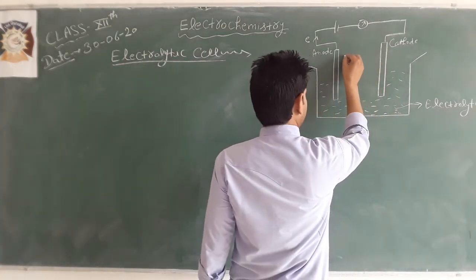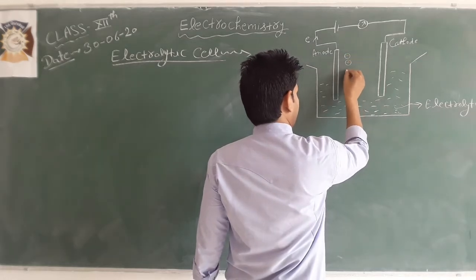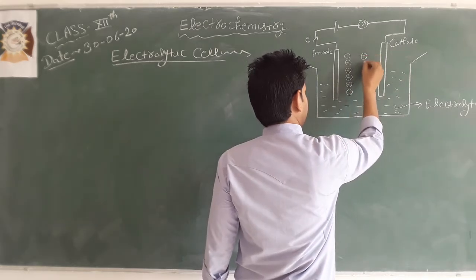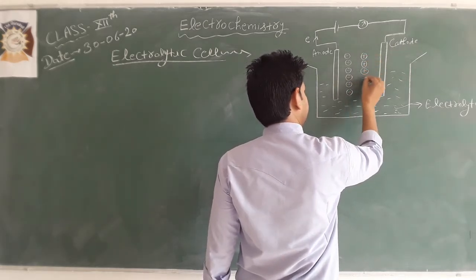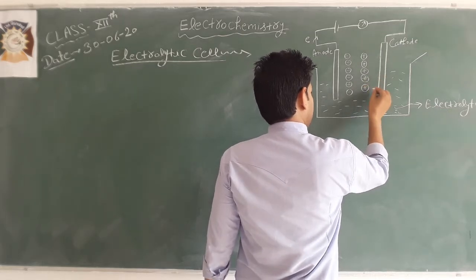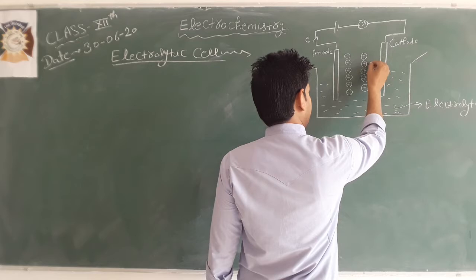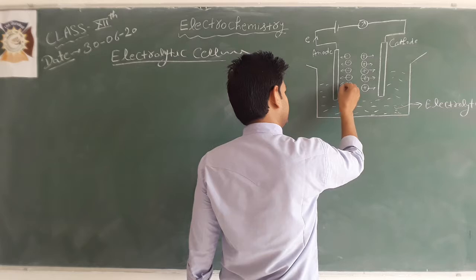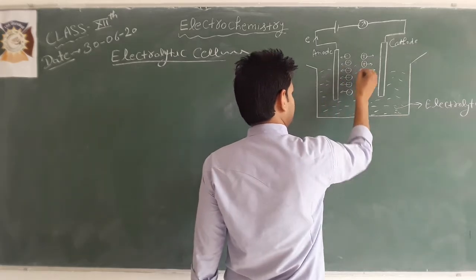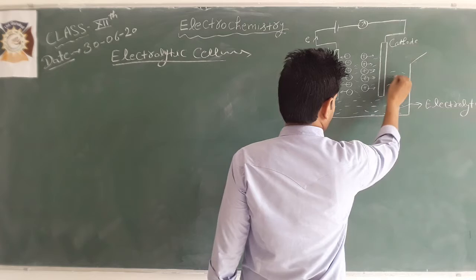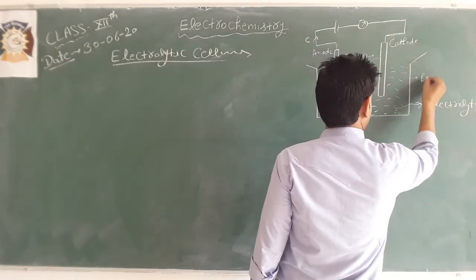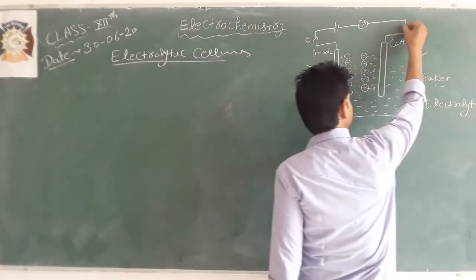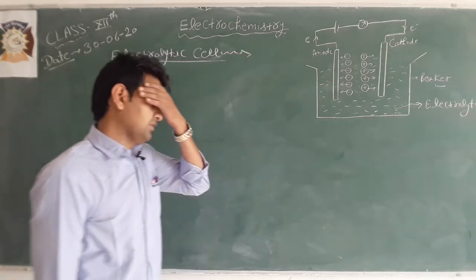When current is passed, negative charges and positive charges are separated from the electrolyte, and they will move towards different electrodes. This is our electrolytic solution present in the beaker. This is the diagram for the electrolytic cell.